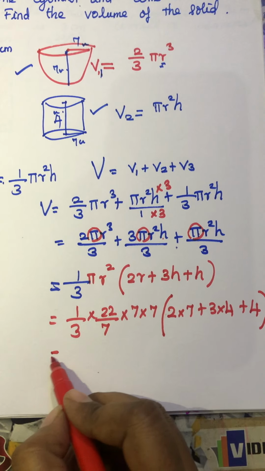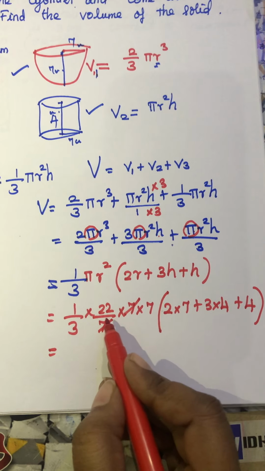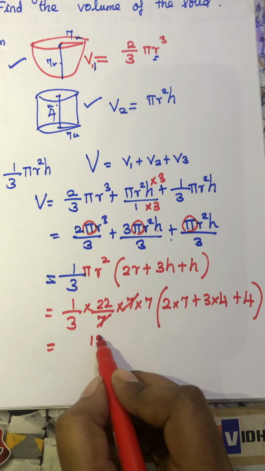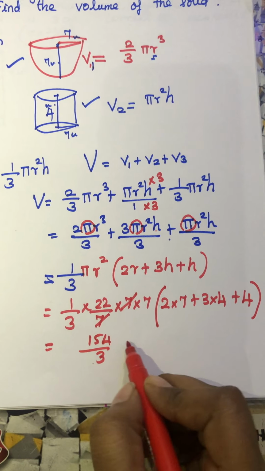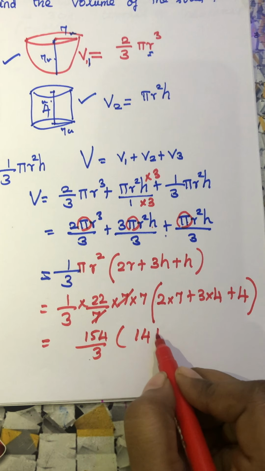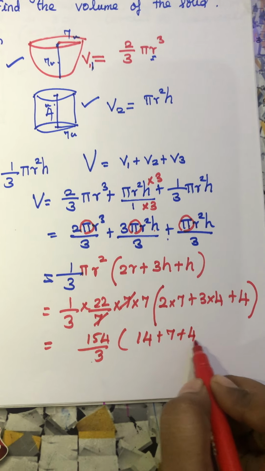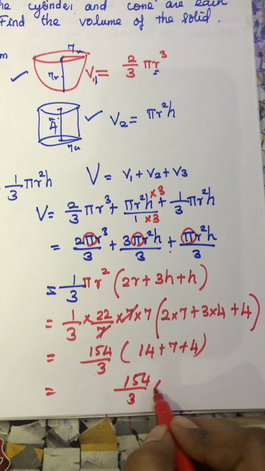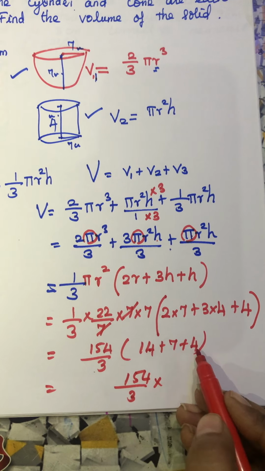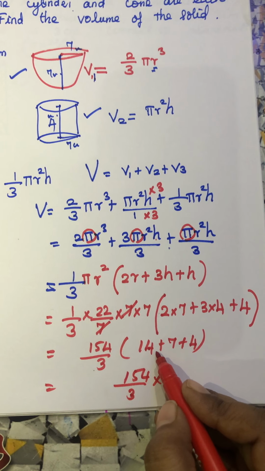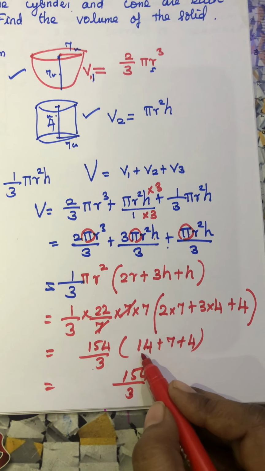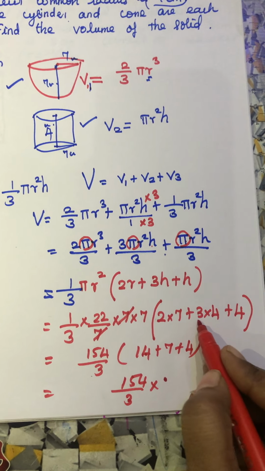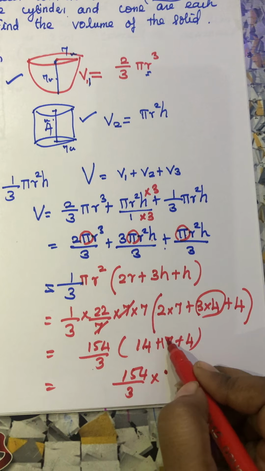Now we can cancel 7 and 7. So what do we get? 22 into 7, that is 154 by 3, into 14 plus 12 plus 4. Sorry kids, 4 threes are 12, so this is 12.